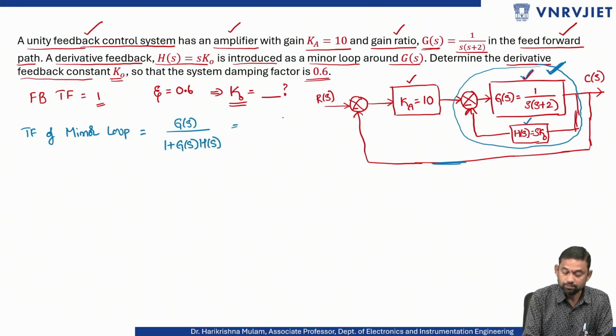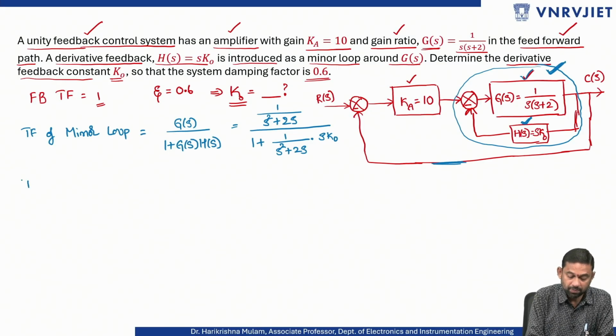That is equal to, G of S is 1 by S into S plus 2, which becomes S square plus 2S, whole divided by 1 plus G of S, which is 1 by S square plus 2S, into H of S for this minor loop, which is equal to S K0.